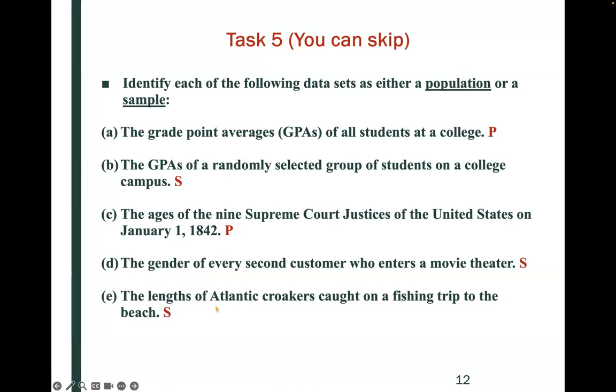The lengths of Atlantic croakers caught on a fishing trip to the beach. Here it's also a sample because that's a subset of the population. We're not getting the lengths of all the Atlantic croakers in all the oceans. Instead, we're getting a sample because we're just getting the lengths of those that were caught on that fishing trip.